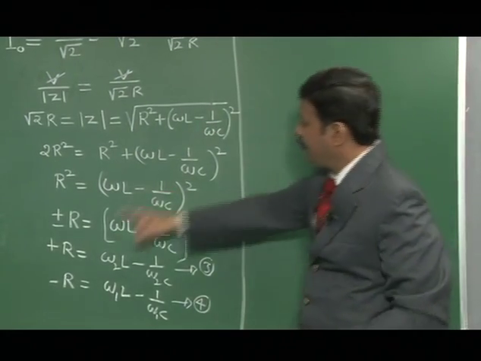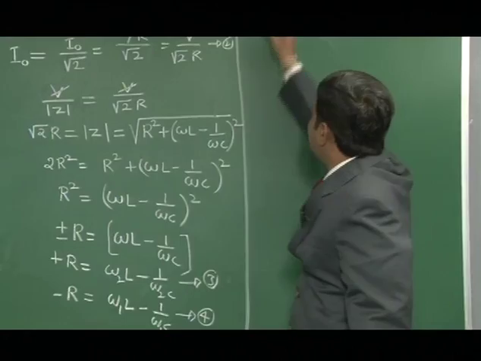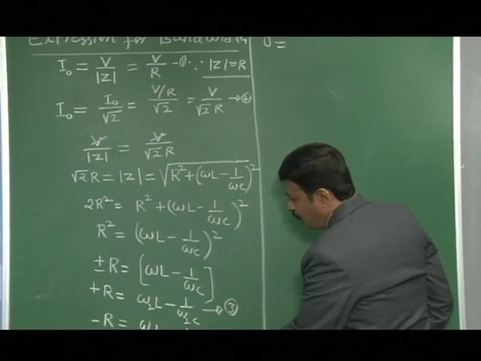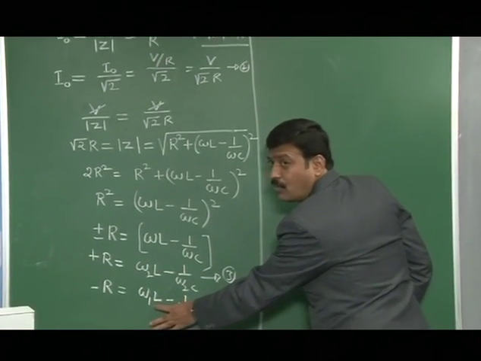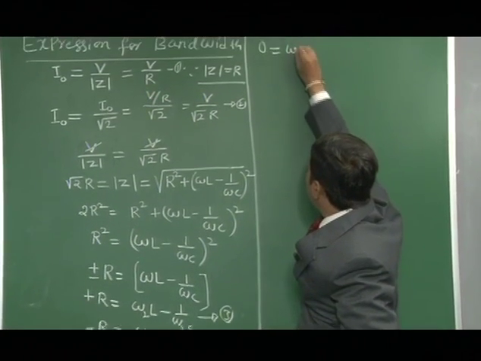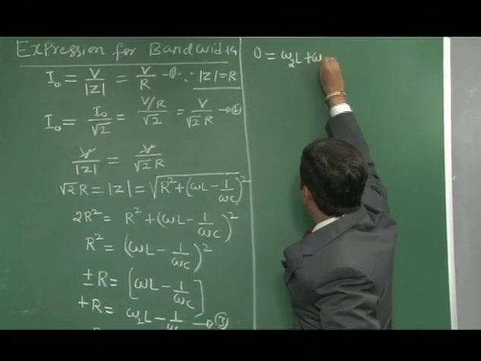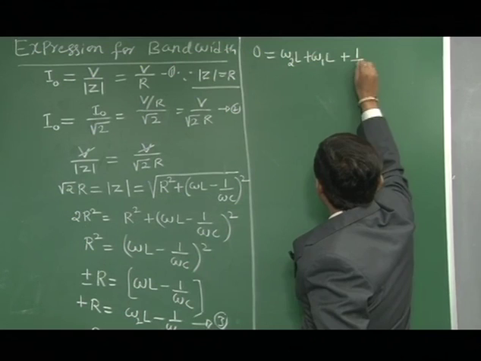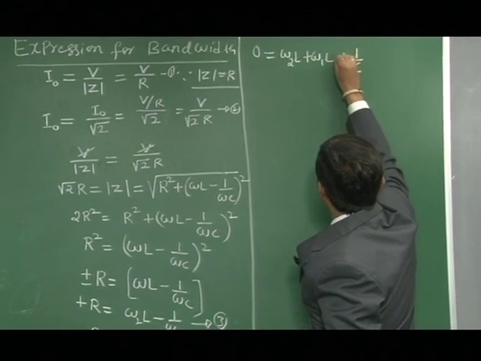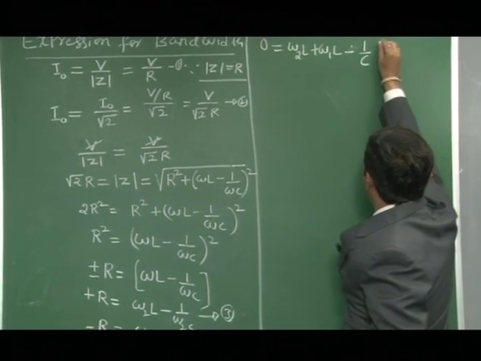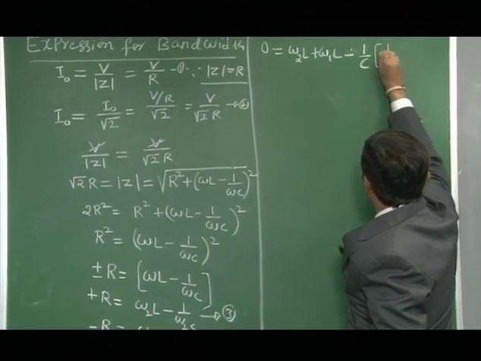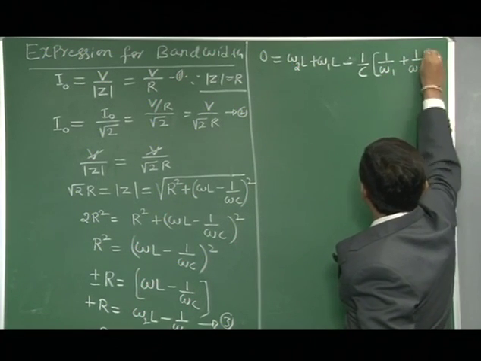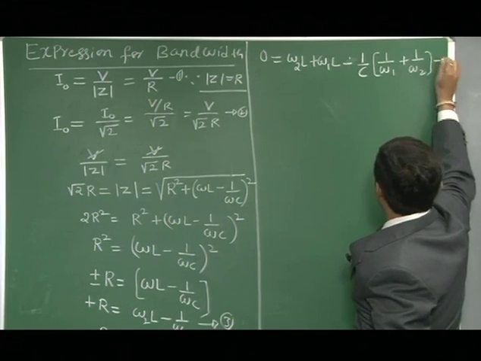If you add R with minus R, you will get 0 is equal to omega 2 L plus omega 1 L. Next, I will take 1 by C outside, and within the bracket you will get minus 1 by C times (1 by omega 1 plus 1 by omega 2). This is equal to 0.